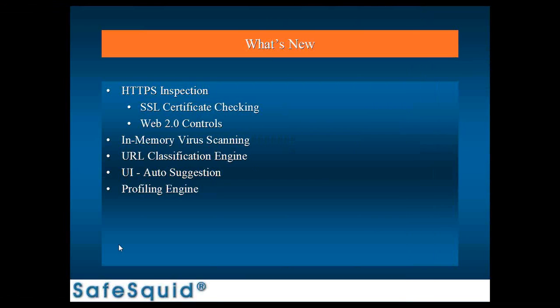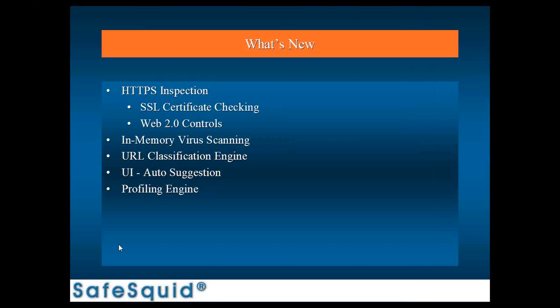However, the 3 other things that are there on the screen about in-memory virus scanning and URL classification engine, they are of much importance to almost everybody, because in-memory virus scanning will be bringing you very high speed and very high quality of efficiency when it comes to content scanning and ensuring that the content doesn't contain any malware.